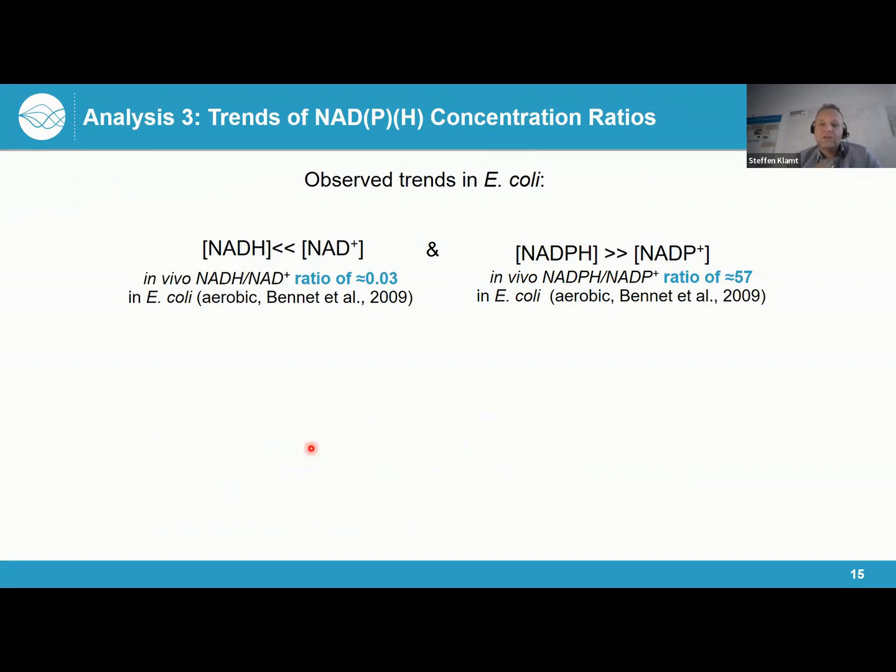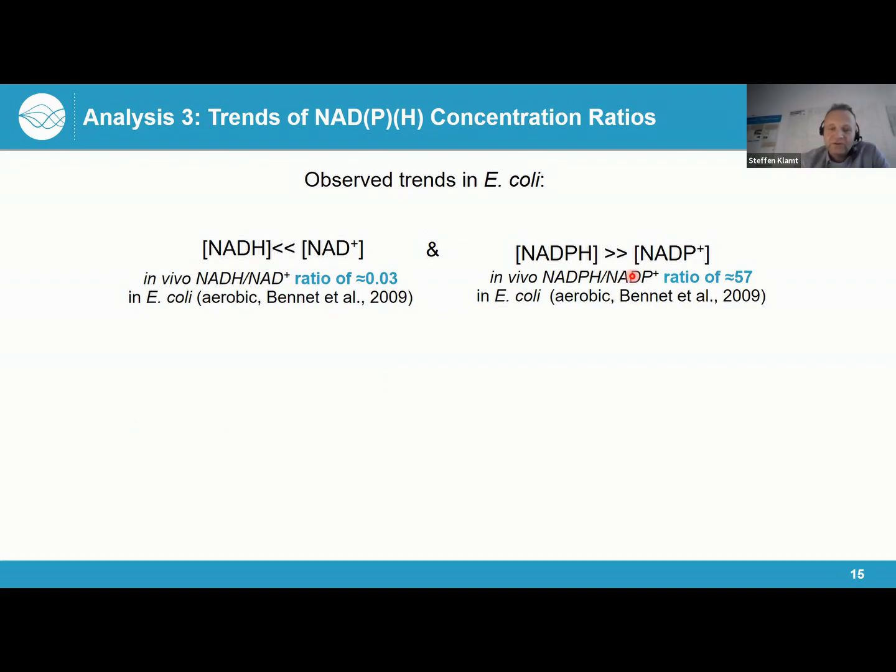So the next thing that we analyze is whether we can confirm or whether we can also find in vivo trends of NAD and NADP concentration ratios in E. coli. So again, as already mentioned at the beginning, we know here that the redox state of the NADH is mainly in the oxidized form, meaning that this ratio here is low, whereas NADPH is there in high concentrations, meaning that the redox state here yields a very high ratio here for the NADPH and NADP ratio.